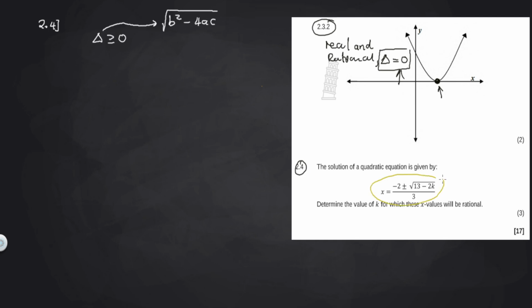This resembles a quadratic equation. I can see by that plus minus sign. Now the b squared minus 4ac, it's underneath the square root. So our discriminant now, it's 13 minus 2k greater or equal to 0.